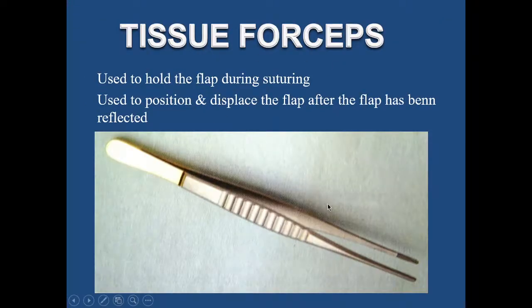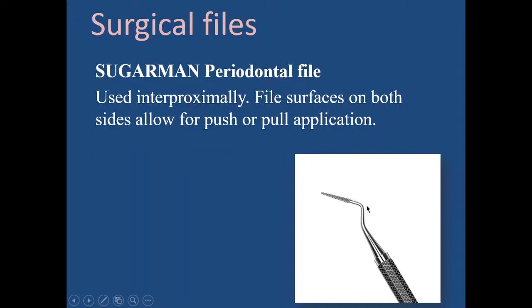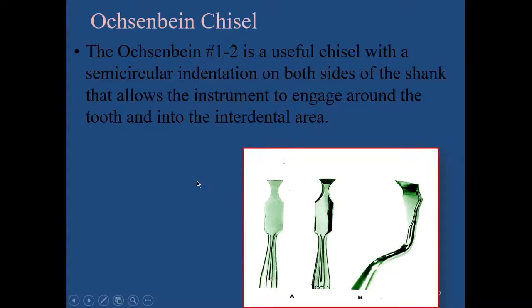The tissue forceps is used to hold the flap during suturing. It's like tweezers, but more rough. The surgical files, like the Sugarman file, periodontal file, are conical in shape and serrated like this, used interproximally with push and pull application to remove granulation tissue.